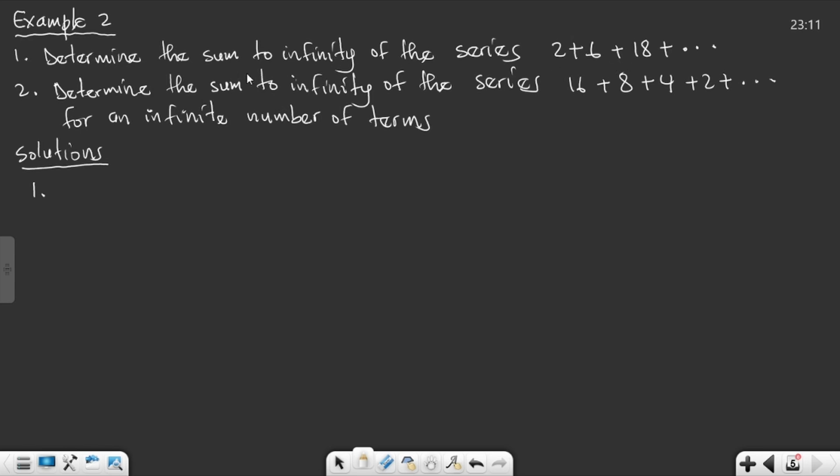So we are asked to find the sum to infinity of this series. The answer is the sum does not exist because this is a geometric series that diverges.